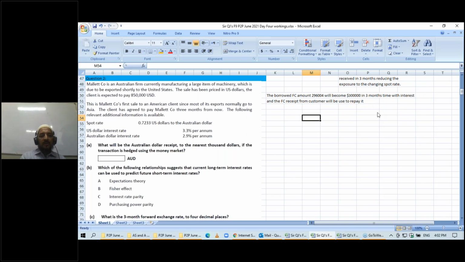Let me tell you, the first requirement is about what cash in the local currency the company will collect if they set a money market hedge. So it's a revision of the last day's work as well.